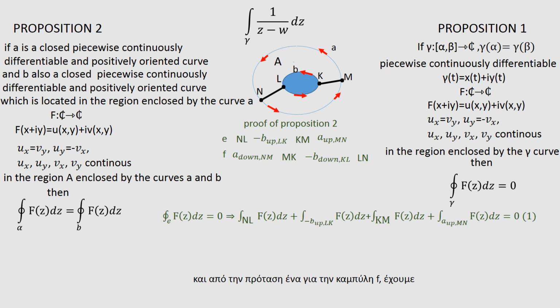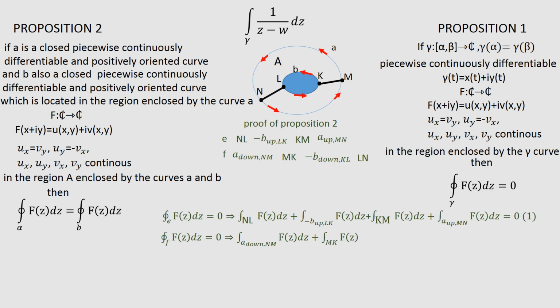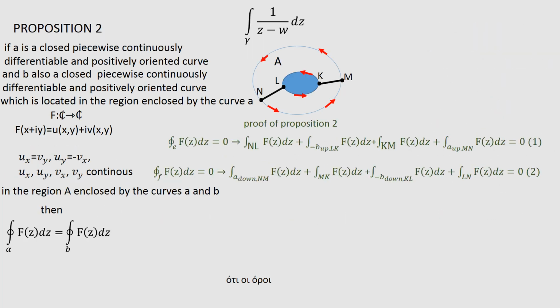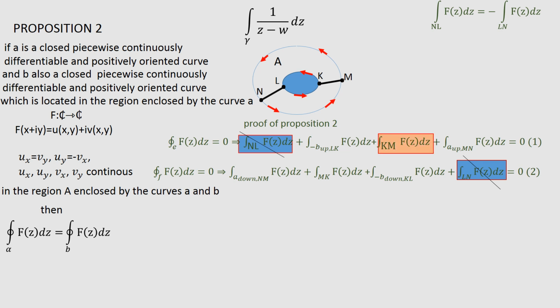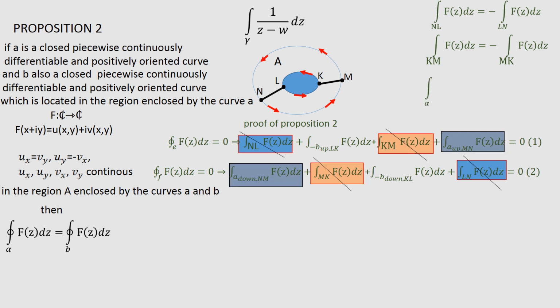and from proposition 1 for the curve F we have, and adding relations 1 and 2 by terms, we have that the terms are deleted because, also the terms are deleted because, also the sum of the terms gives, and the sum of the terms gives.